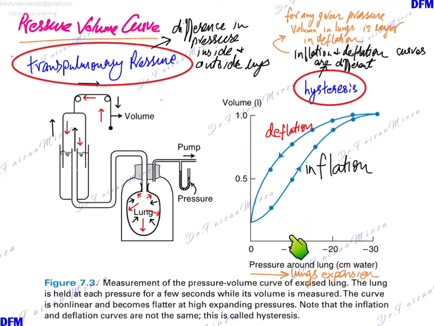For example, at -10 pressure, the inflation curve tells me that the volume is 0.5 liter. But for -10 pressure, if I go to the deflation curve, I see that the volume is much larger, almost 0.75 liter. So this is what hysteresis is doing, which is the feature of this pressure volume curve.